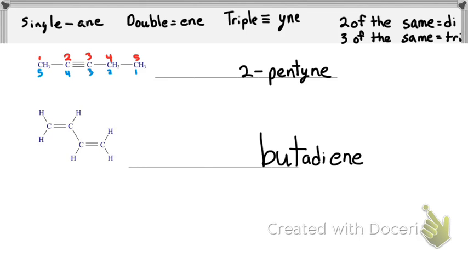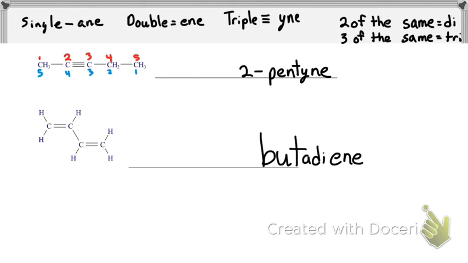So, don't be confused or frustrated by that. These same rules for di and tri occur. If you see 2 things that are the same, whether they are bonds or branches, you have to remember to put the di in. The di comes before the double bond, just like the di would come before if they were 2 methyl groups. It would be a dimethyl something.